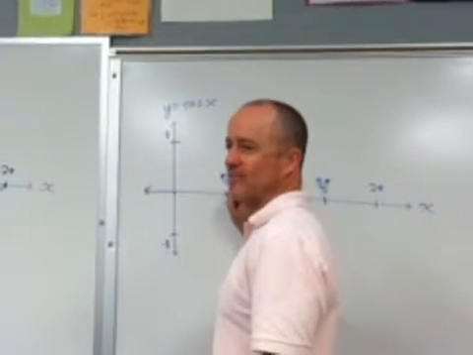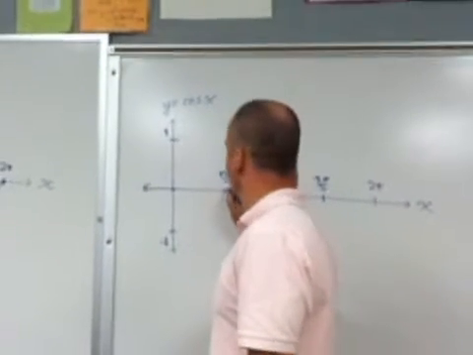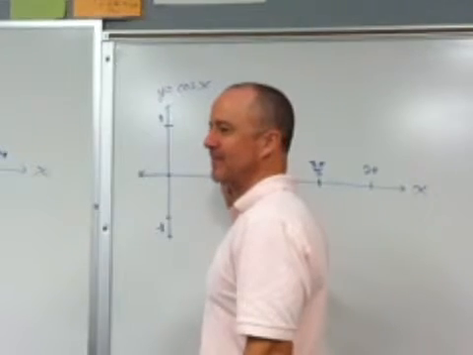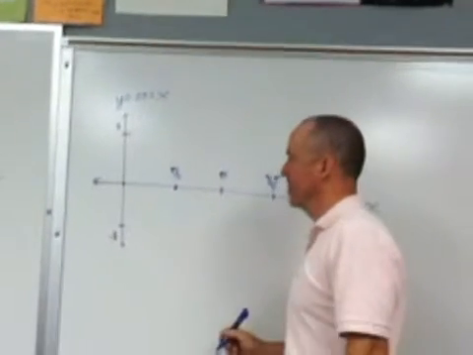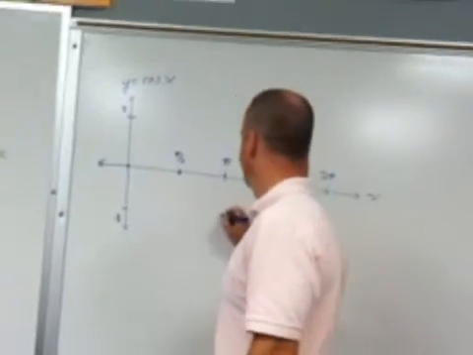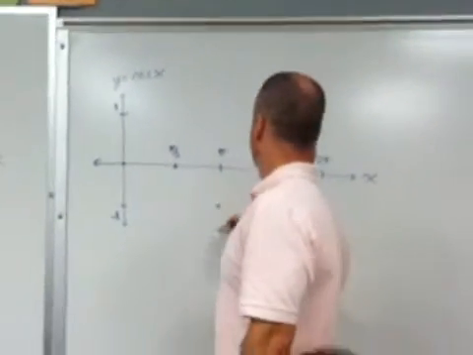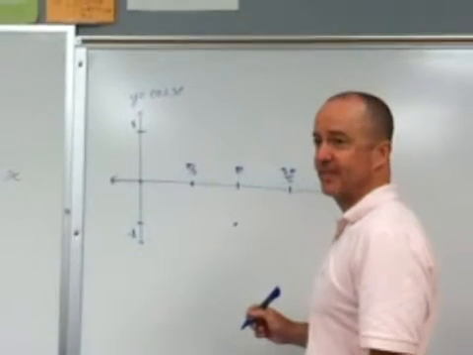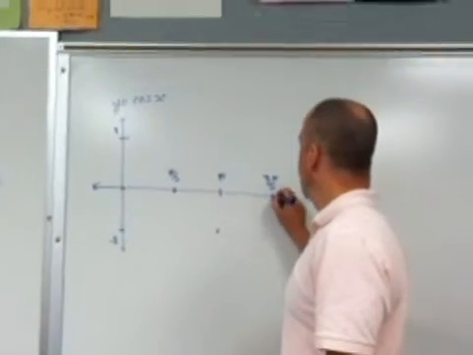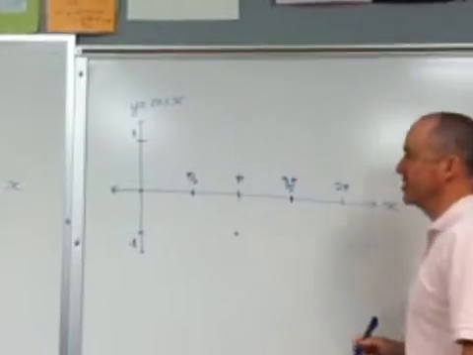I want more data before I give in to your guessing games. What's the cosine of 90? 0. What's the cosine of pi? -1. What is the cosine at 3 pi over 2 or 270 degrees? 0. And what is the cosine at 360 or 2 pi?